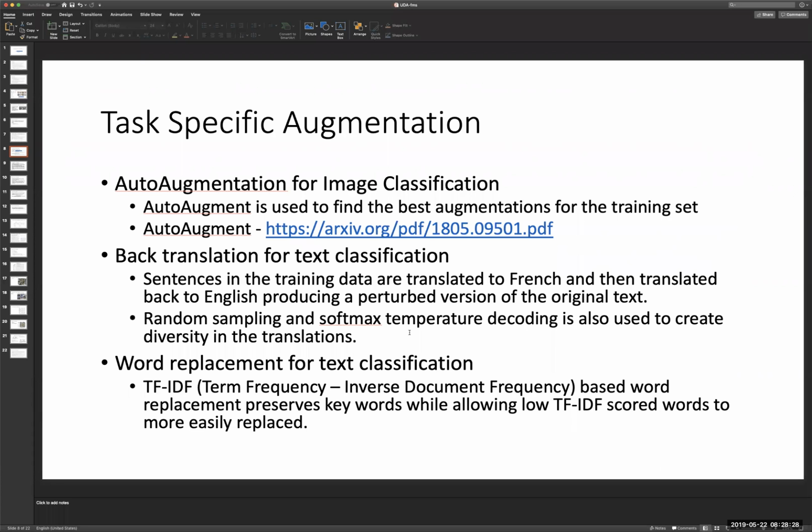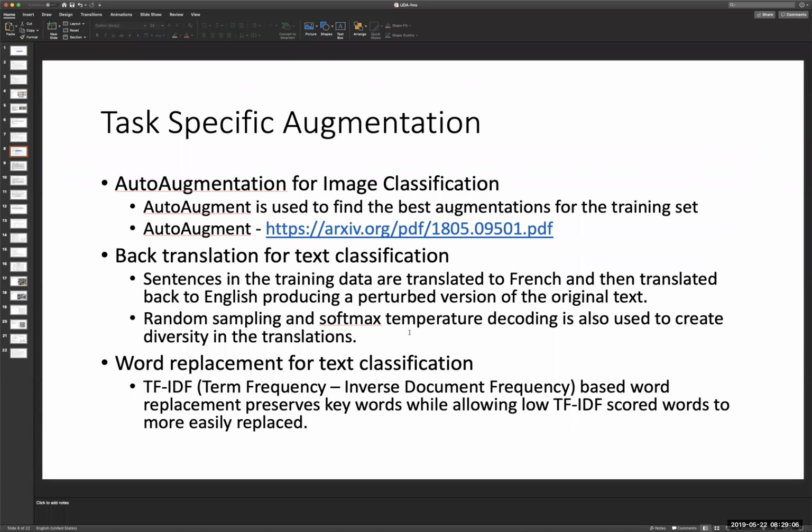Another technique that they talk about for text is term frequency inverse document frequency based word replacement. A simple method of generating augmentations, not a very good one, is to take the text and replace words, perhaps randomly, with synonyms of those words. But the main problem of that is that you can replace keywords and completely change the semantic equivalence of the sentence.